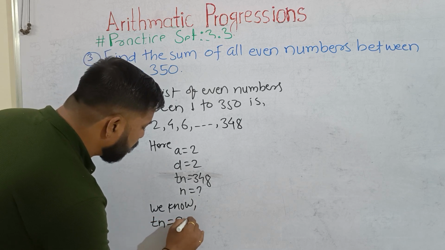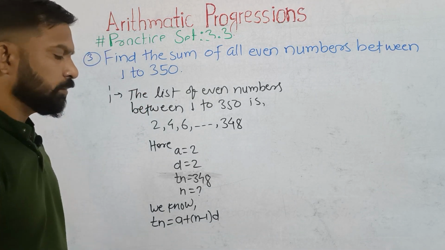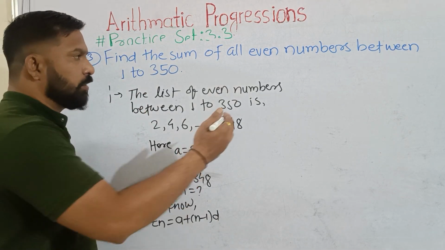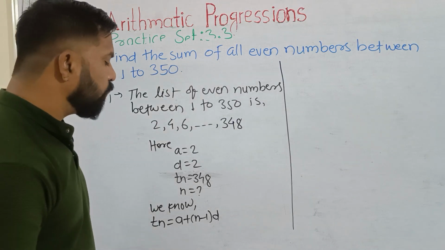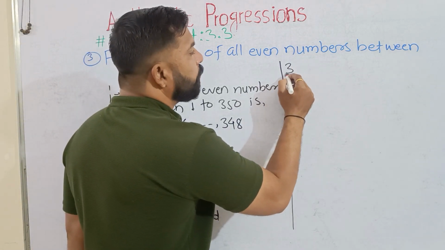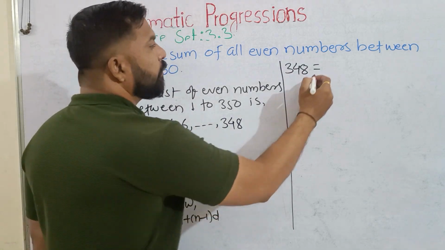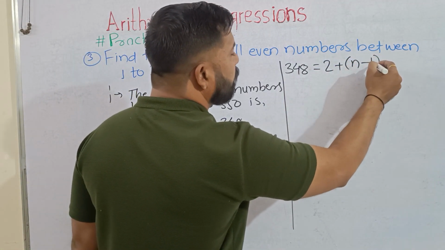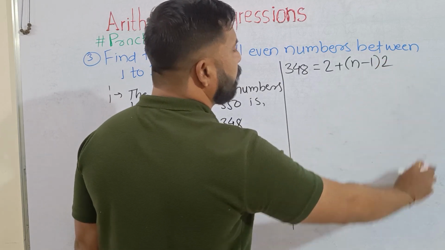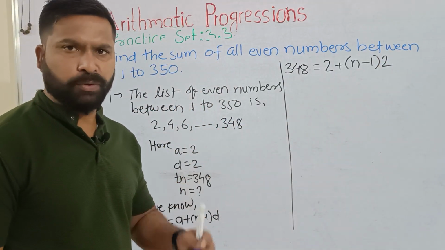Tn is equal to a plus n minus 1 into d. Tn is 348, a is 2, plus n minus 1 into d. We have just substituted the values which we know.